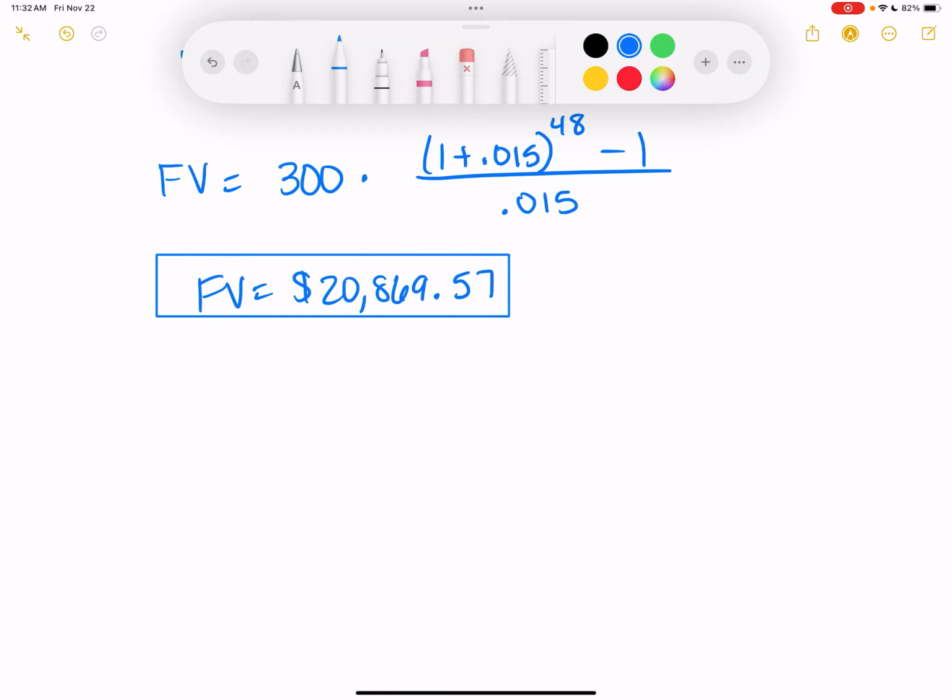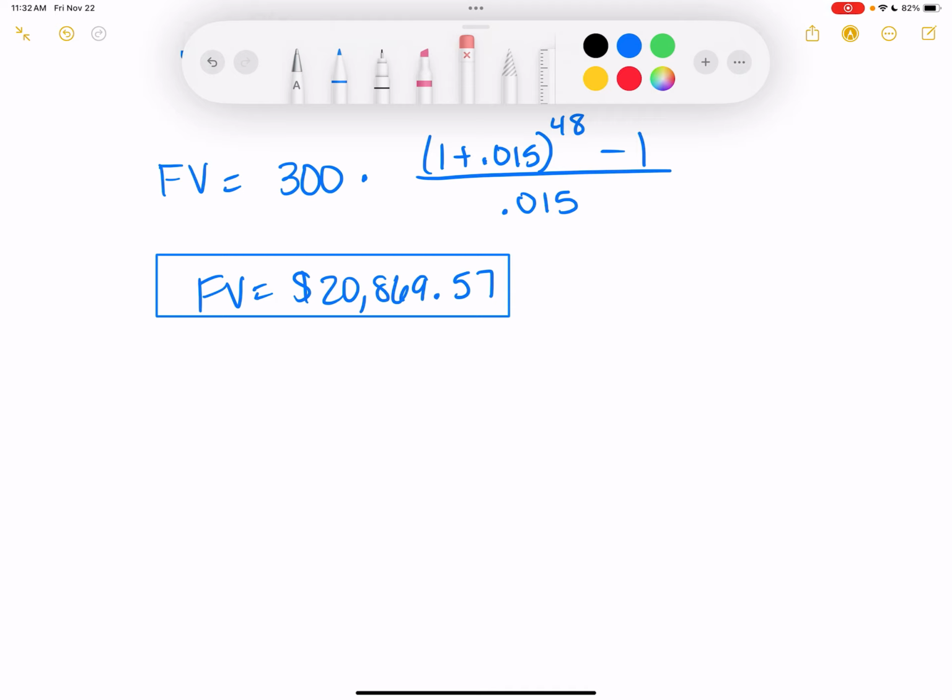Now, the other thing I'm going to tell you is, Maya, you did the 0.015. Was that just flat out 0.015 or was it farther out than that? If it goes farther out than that and you round the number, sometimes your answer is going to be off by a little bit. That's okay.